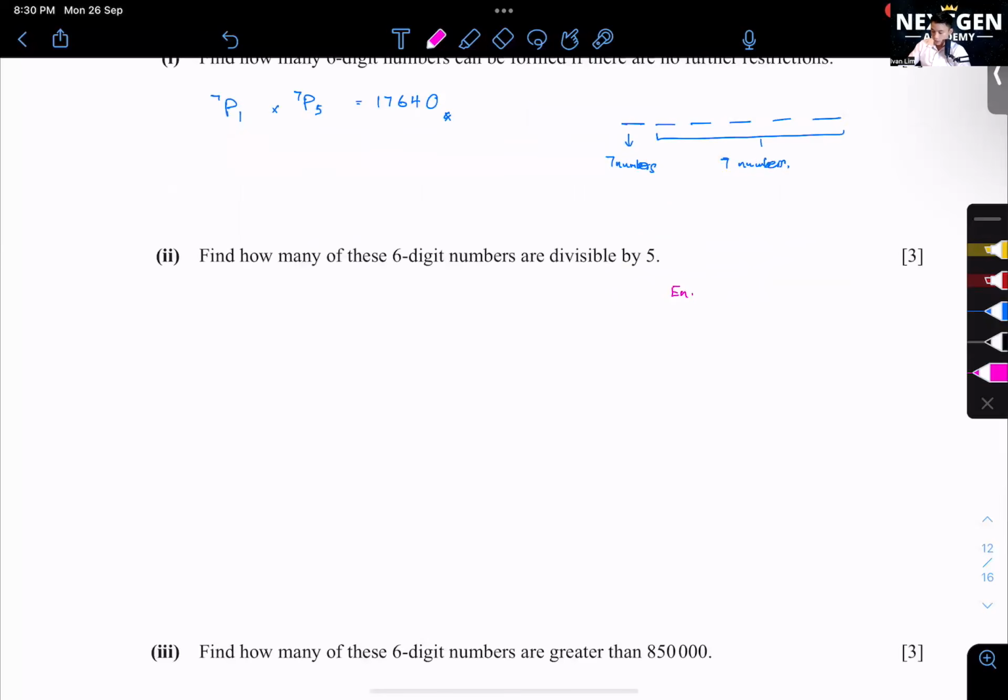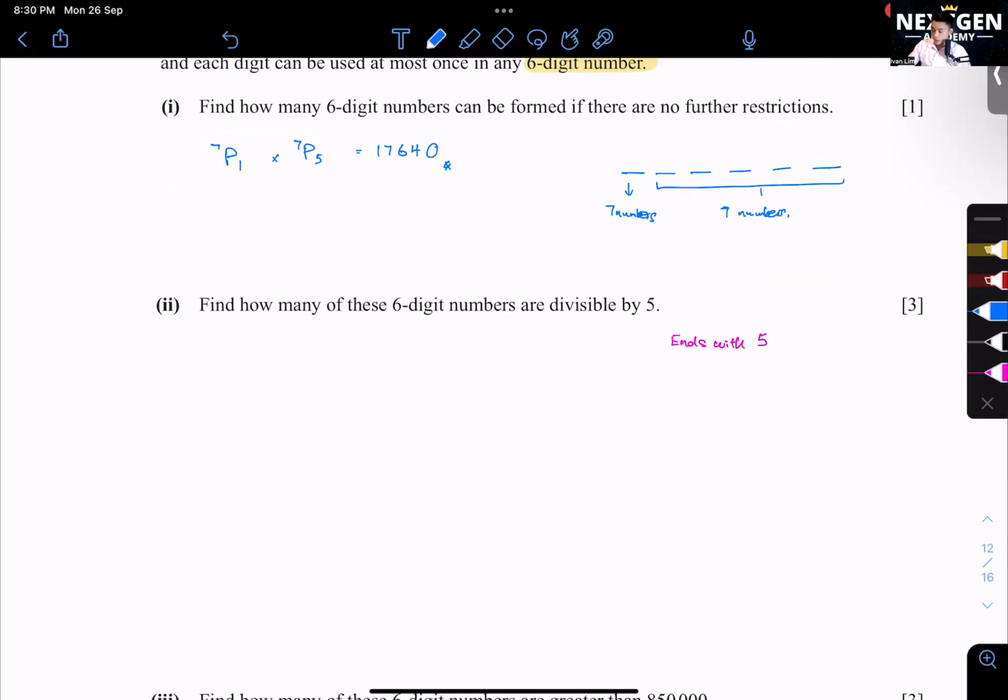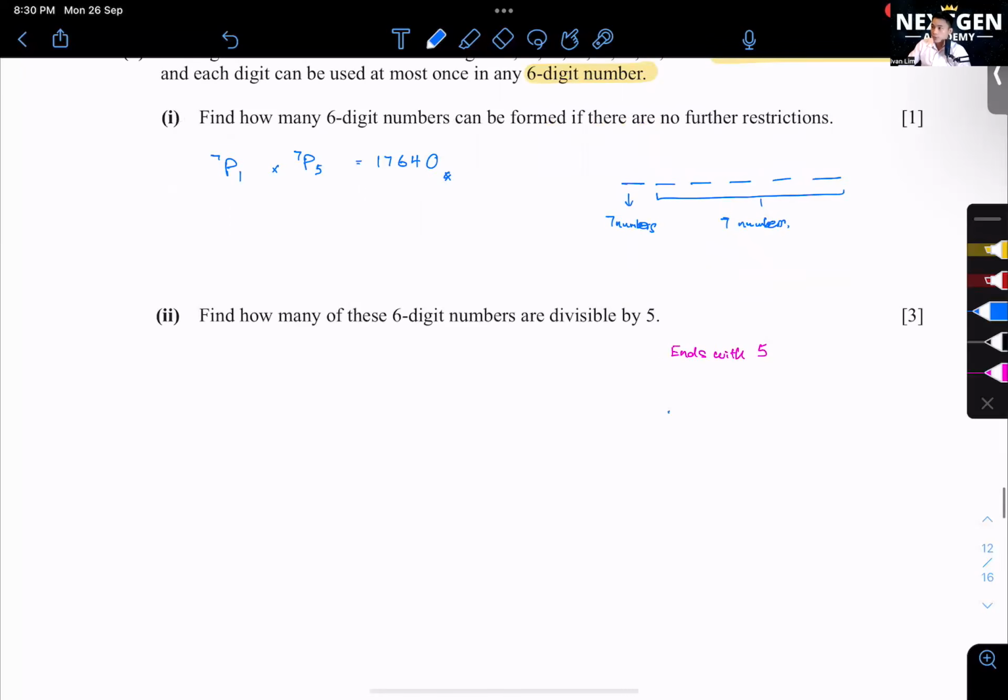If it ends with 5, then I'm left with how many numbers for the first spot? I only can fit 6 numbers here.